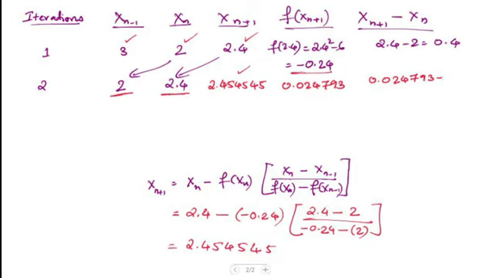We're supposed to subtract xn from xn plus 1: 2.454545 minus xn, which is 2.4, and that gives us 0.0545.